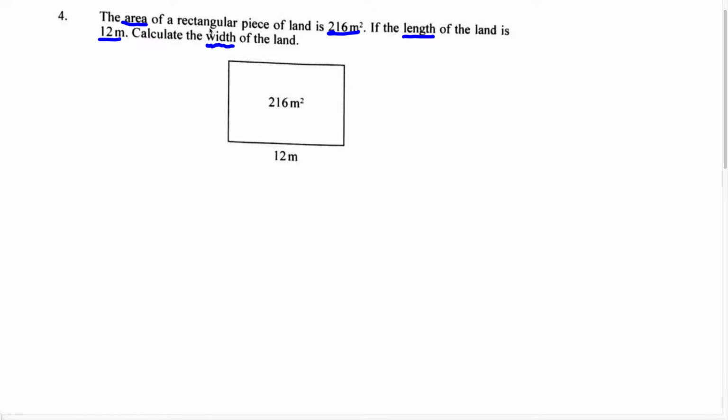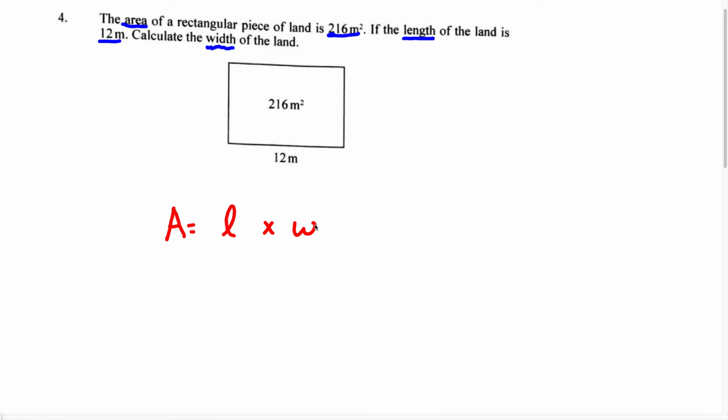Therefore, we're going to use the area of a rectangle. And the area of a rectangle can be written as length multiplied by width. I wrote L for short and L represents the length. I wrote W for short and W represents the width. And A is going to be for the area.